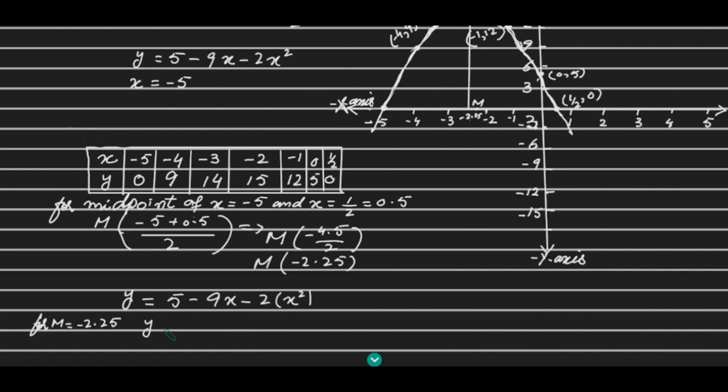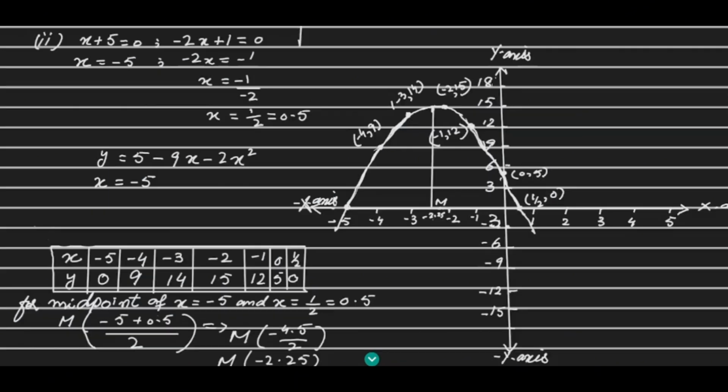So we get the y coordinate: 5 minus 9 into minus 2.25 minus 2 into minus 2.25 squared. When we solve it, we get the answer. For the fourth part, we have to sketch the graph, which I have solved.